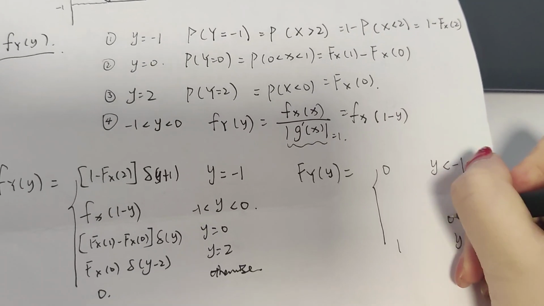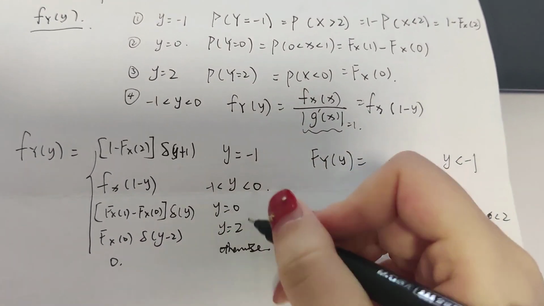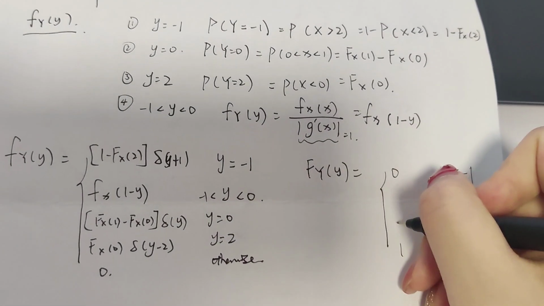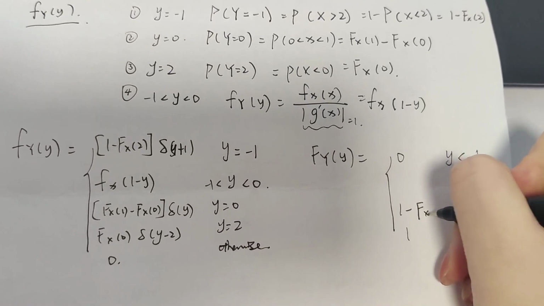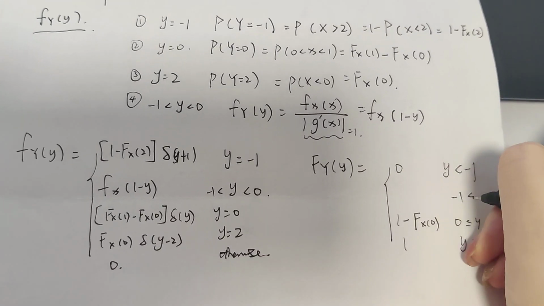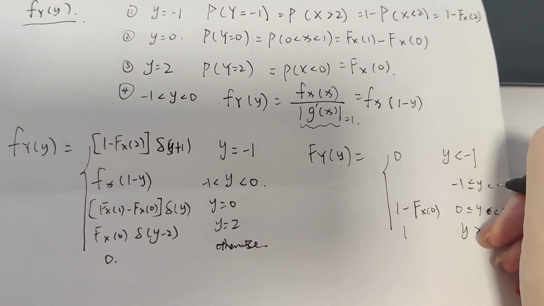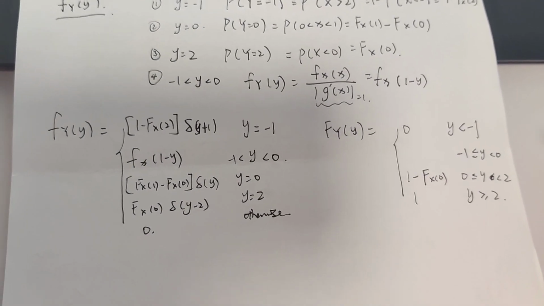And from 0 to 2, it's only one condition, so the answer is 1 minus the distribution function of x at 0. And we only need to calculate when y is from minus 1 to 0.